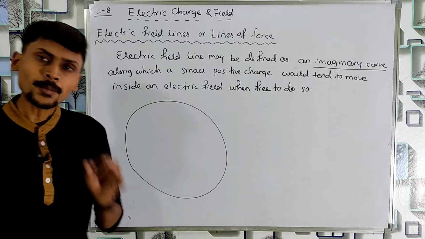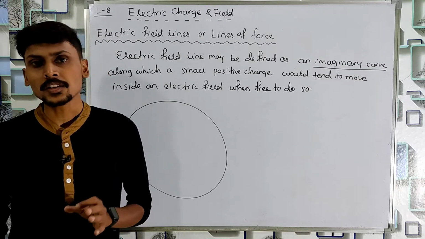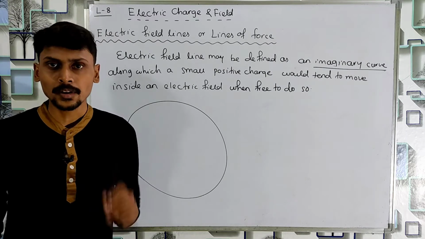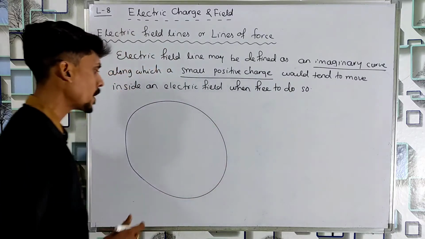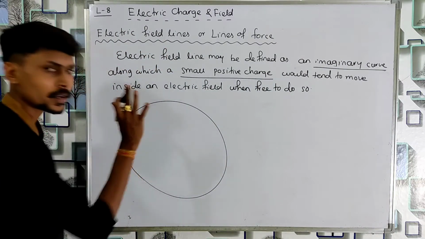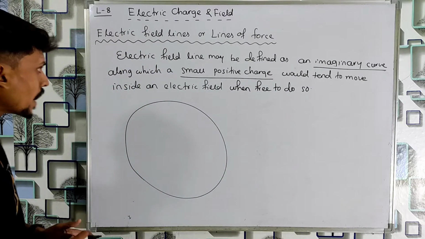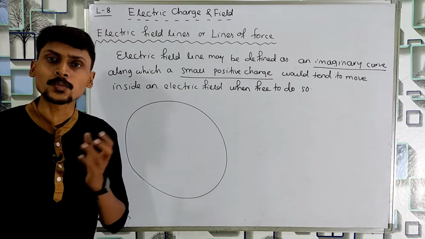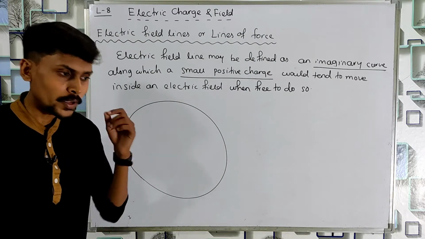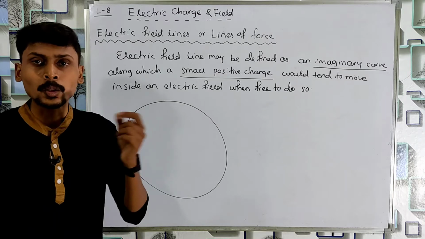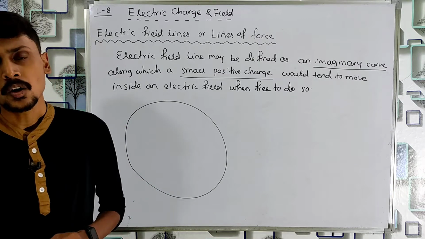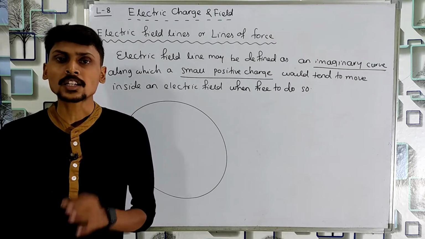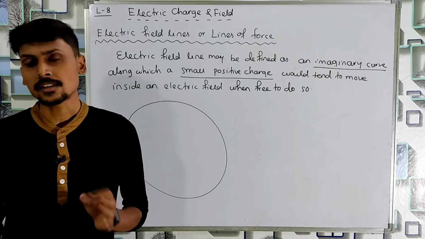We know that every charged particle experiences force inside the electric field. So if you bring a small positive charge and place it at any point inside the electric field, that small positive charge will experience a force, and when it experiences a force, it will be accelerated. According to Newton's second law of motion, whenever a net force acts on a body, there will be acceleration.